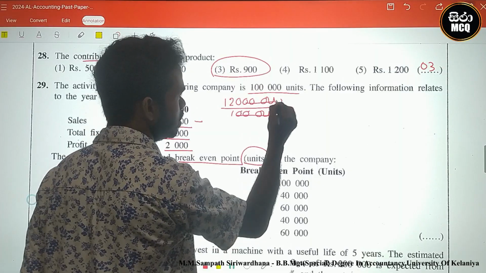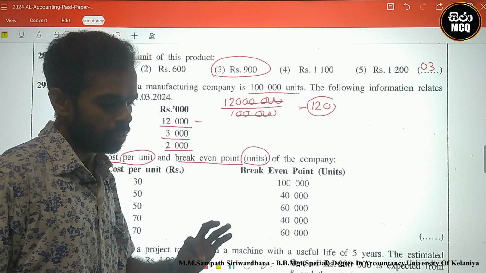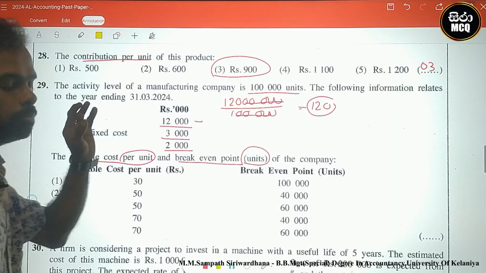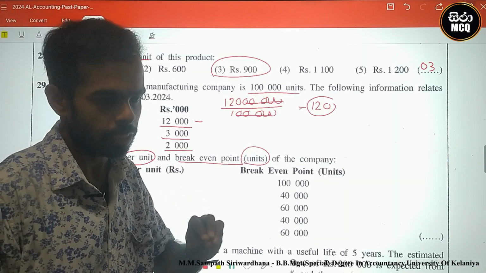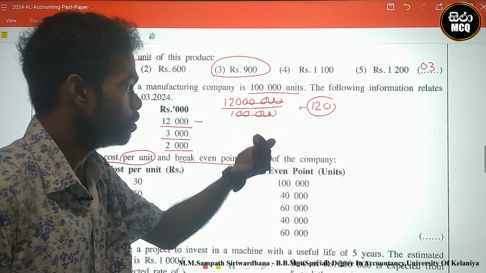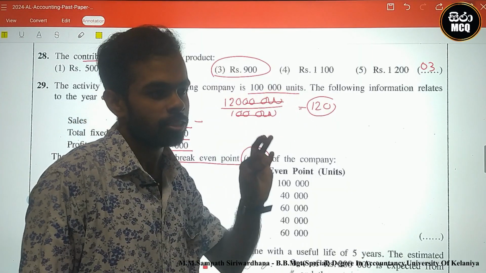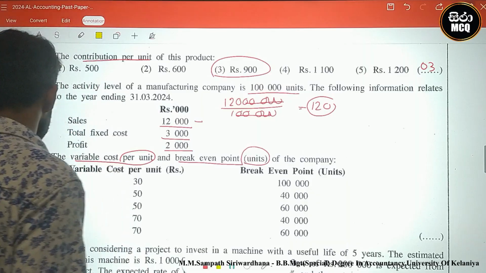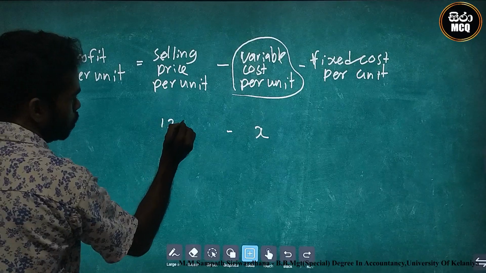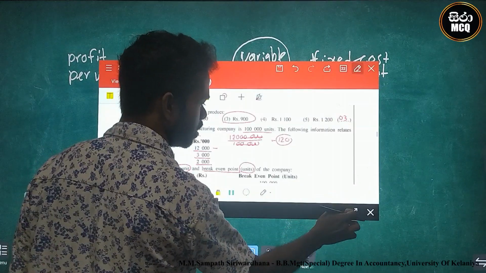Unit selling price multiplied by number of units gives the total sales. Therefore, total sales divided by number of units gives the unit selling price, 120. This unit selling price is 120 rupees. After that, all are the same.